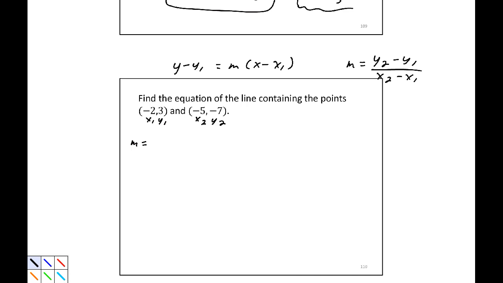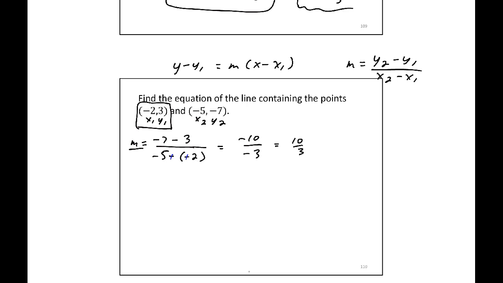So my slope would be -7 minus 3 over -5 minus -2, which is -10 over, write this for your benefit, minus 3, to be positive 10/3. Now we're going to take that and pair it. So here's our slope and here's our 1 point.